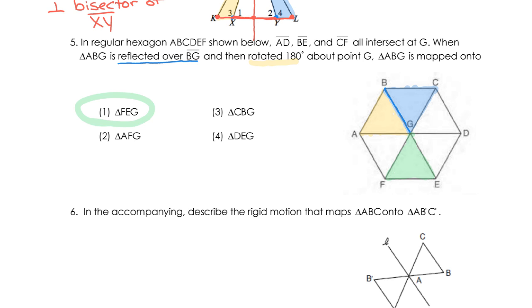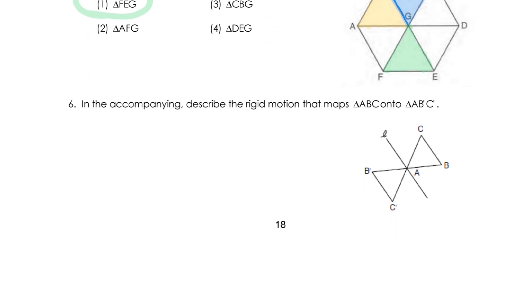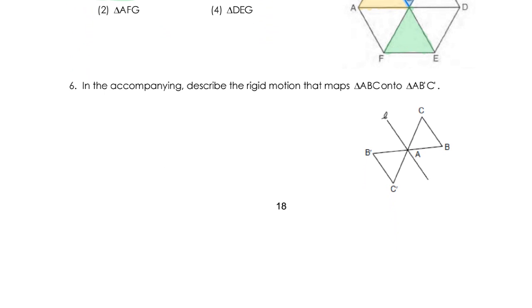Okay. One last question. In the accompanying diagram, describe the rigid motion that maps triangle ABC. Oop, that's not triangle ABC, that's the prime one. Let me erase that. We want original triangle ABC, which is this one.